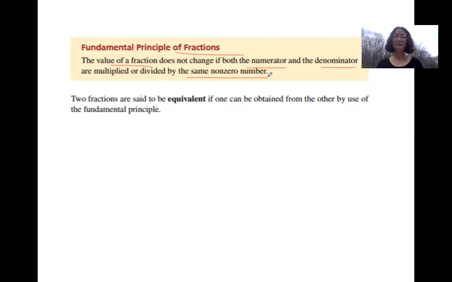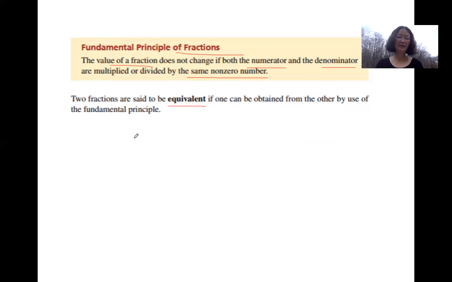Okay, this is the fundamental principle of fractions. Two fractions are said to be equivalent if one can be obtained from the other by using the fundamental principle, either multiplying or dividing by the same non-zero number.